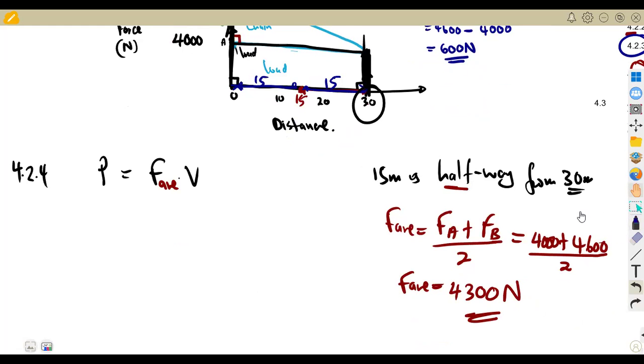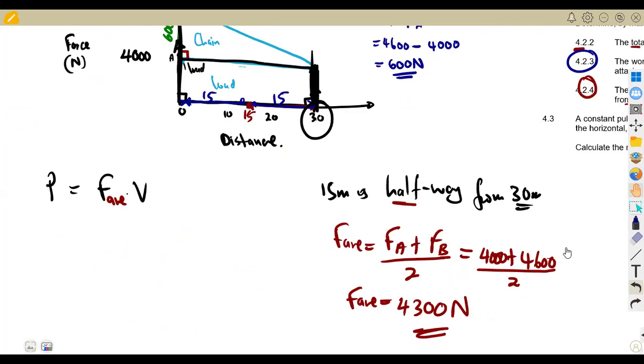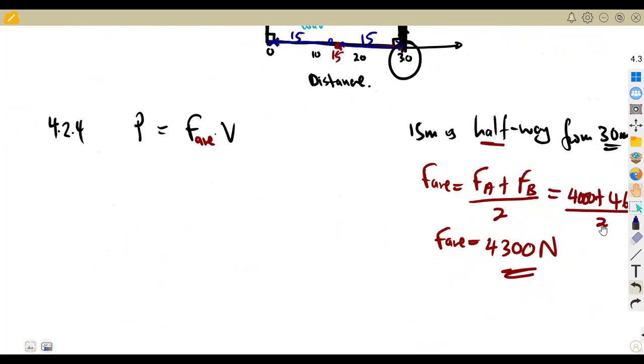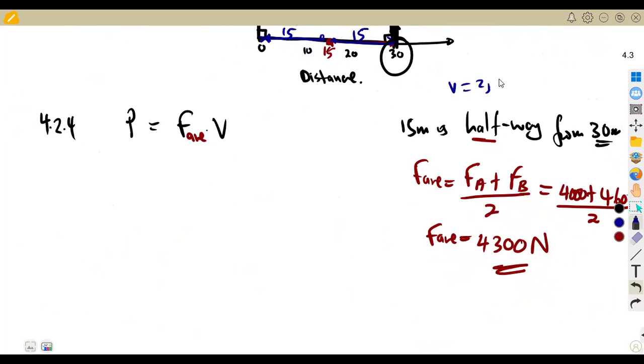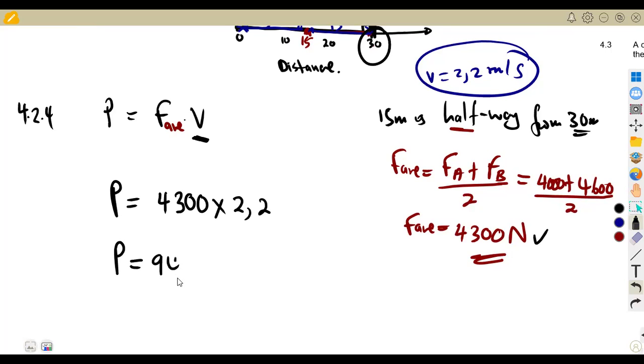Since we are given the velocity of 2.2 meters per second, we can calculate our power, because power from velocity is the force times velocity, and we're using the effective force, which is 4,300 times the velocity, 2.2. This is going to give us 9,460 watts, which is the power.